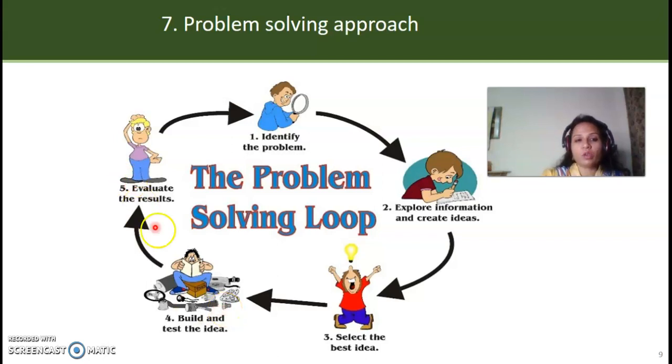And number 5 is evaluating the result. So at the end, one person or a group can evaluate whether their problem was solved using this method or not, or whether they have to go through this cycle once again.